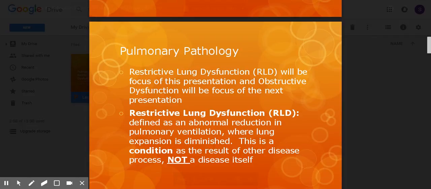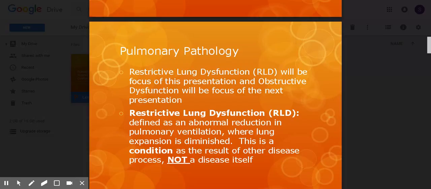Restrictive lung dysfunction will be the focus of this presentation, and obstructive dysfunction will be the focus of the next presentation. Restrictive lung dysfunction is defined as an abnormal reduction in the pulmonary ventilation where lung expansion is diminished. This is a condition. It's the result of some other disease process.